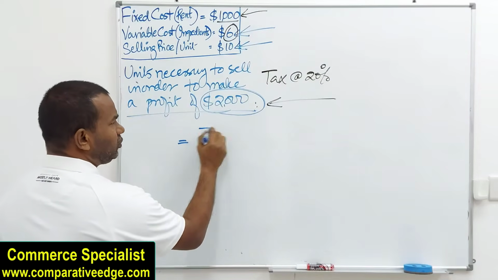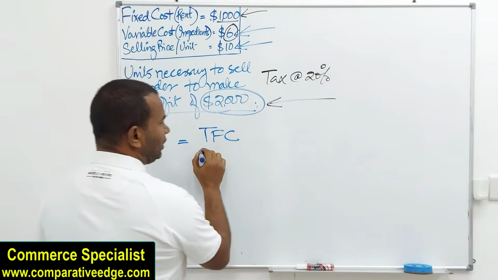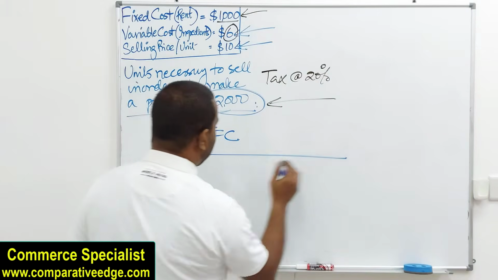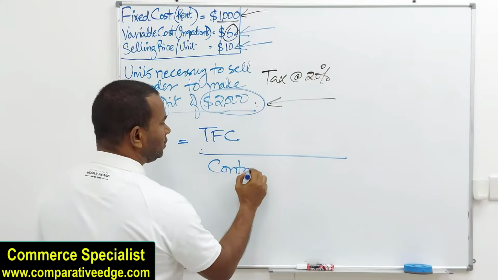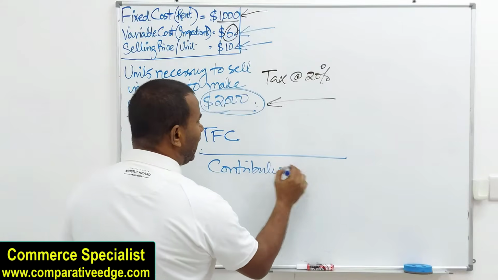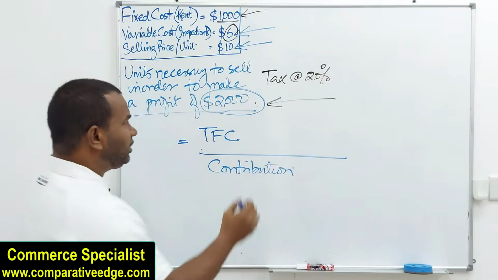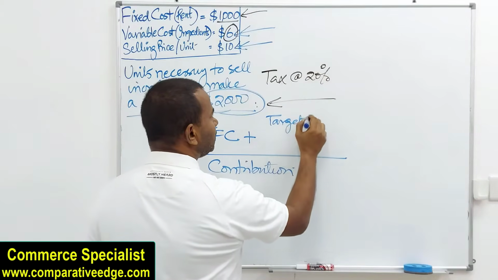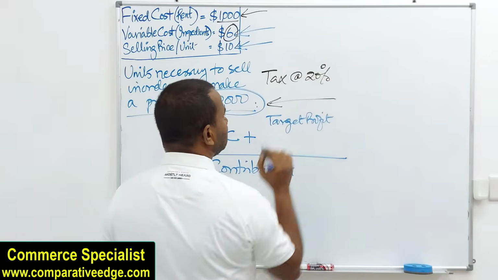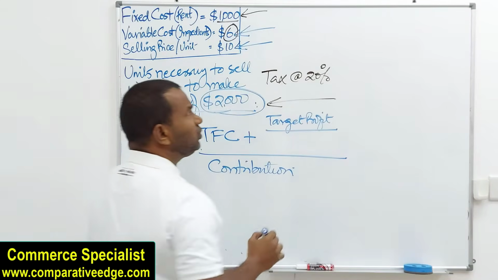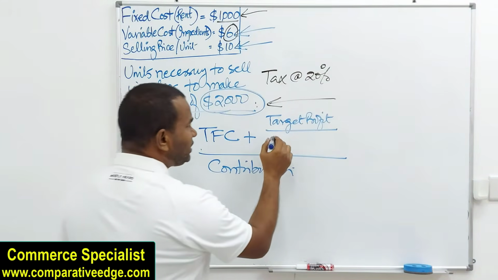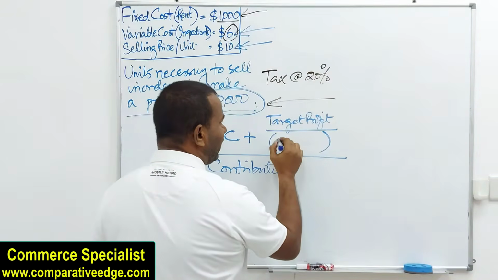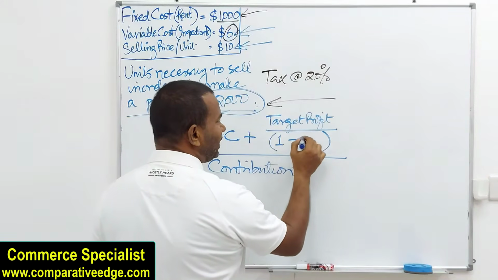The formula is the same, total fixed cost divided by contribution. Because if I do this much, I'll get the break-even point. But here we have a target profit and we also have tax. So this target profit has to be divided by 1 minus the tax rate.